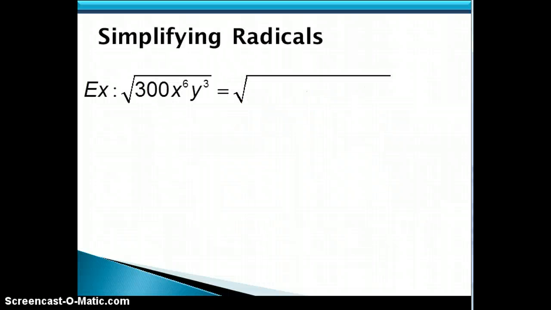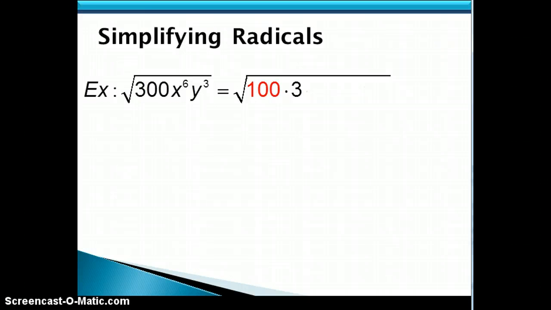Now let's look at an example where we have a combination of numbers and variables. If we look at each piece one at a time, the 300 we'd want to split apart into 100 times 3, because 100 is the biggest perfect square factor of 300.